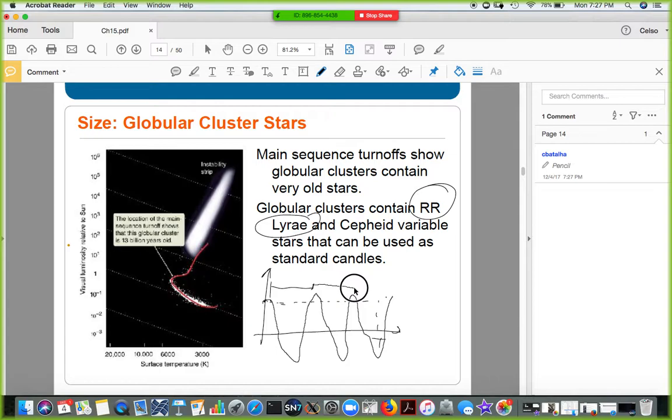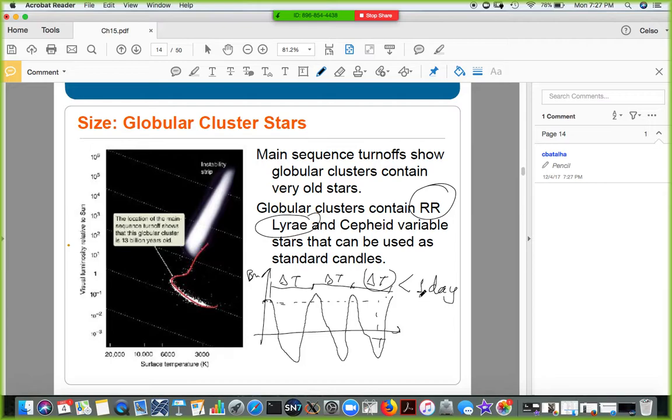So this time here is the time of pulsation. If this is brightness, then in RR Lyrae, this time of pulsation is always the same and usually less than 1 day.